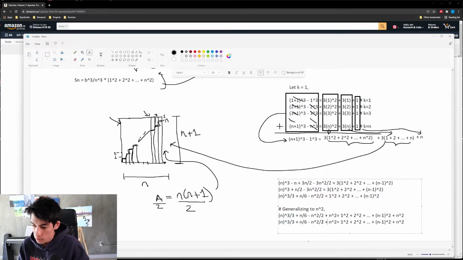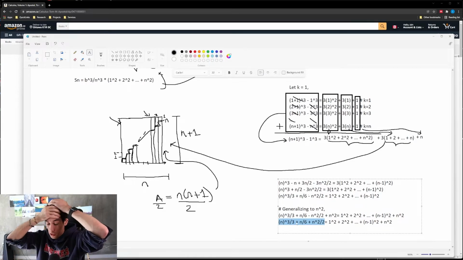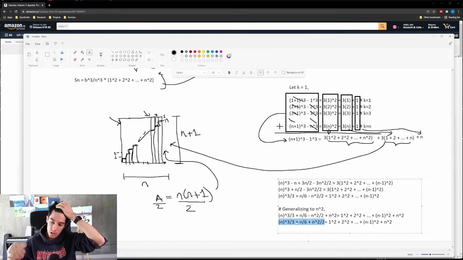So negative n squared divided by 2 plus n squared, negative a half plus 1 whole, is just positive 1/2. So just change this. And that's our formula. This is our derivation, or our closed form analytical representation of the sum of squares.